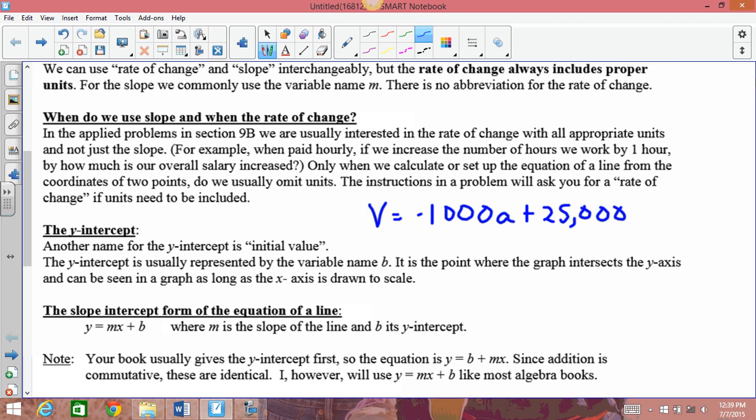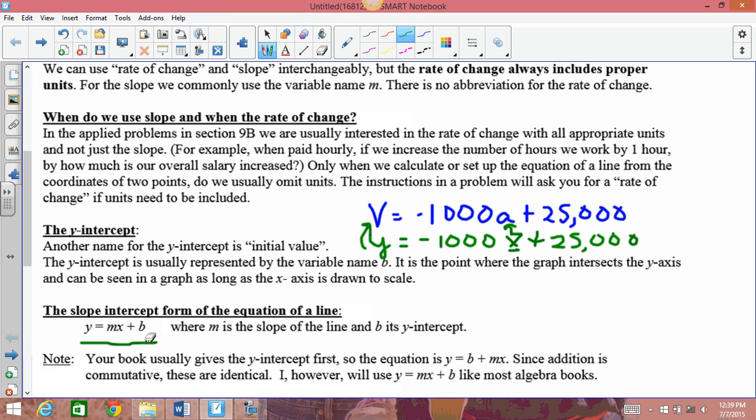So you should hopefully recognize what's called slope-intercept form, y equals mx plus b. If ever you're given something with different variables, you can always rewrite it as y equals negative 1,000 x plus 25,000. It clearly tells you that on the x-axis, age is going to be graphed, and on the y-axis, the value is going to be graphed, which is something we've already established.